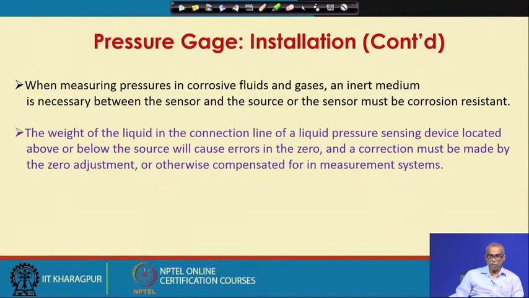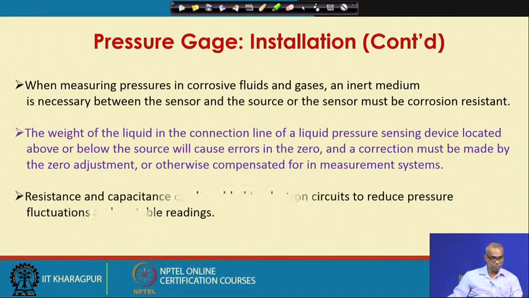The weight of the liquid in the connection line of a liquid pressure sensing device located above or below the source will cause errors in the zero, and a correction must be made by the zero adjustment or otherwise compensated for in measurement systems. Resistance and capacitance can be added to electron circuits to reduce pressure fluctuation and unstable readings.